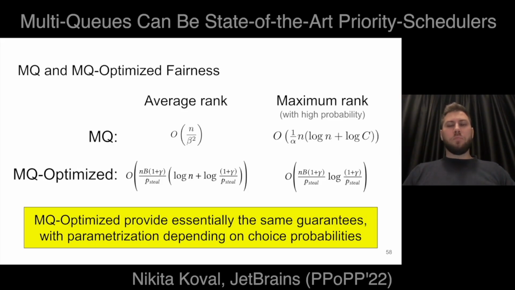What is important is that essentially these are the same guarantees, and in case of the MQ optimized algorithm, we just add some parameterization depending on the choice and buffer size probabilities.